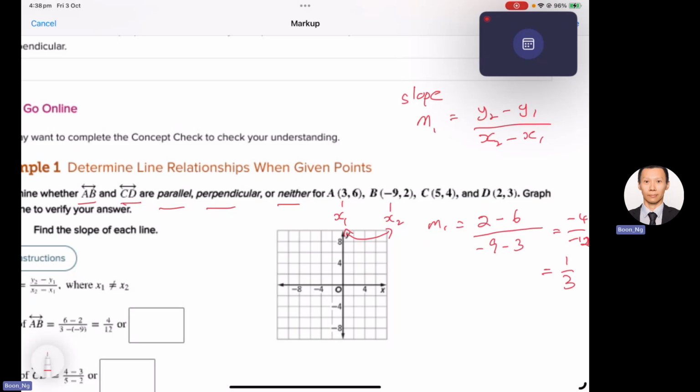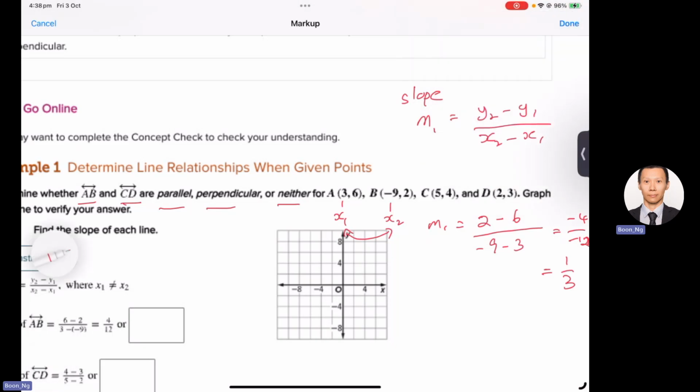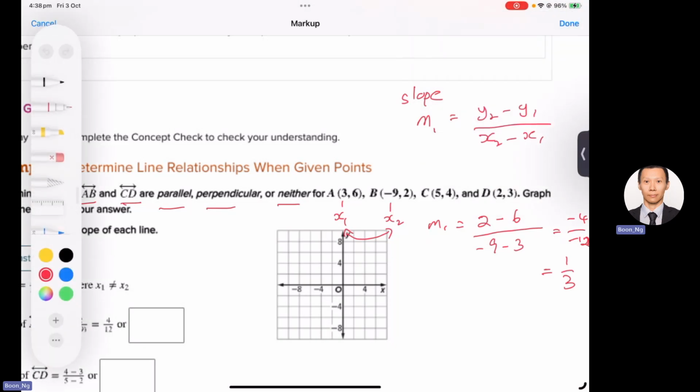The second way we can do this is, instead of using this as x1, we make it x2, and instead of -9 as x2, we make it x1.